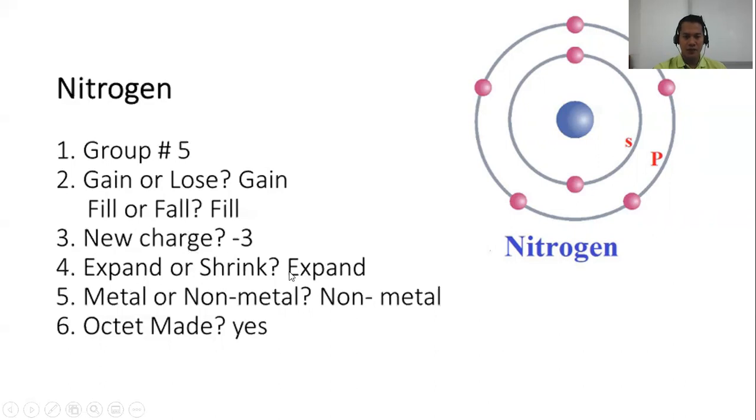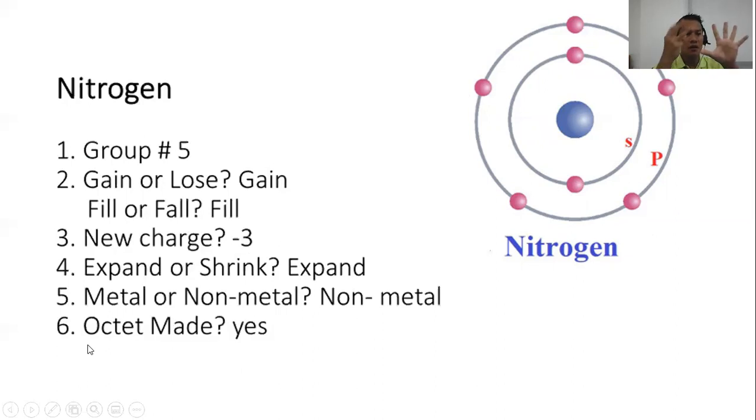Will this expand or shrink? Since this element will gain, it will expand. Is this non-metal or metal? Of course, if you check the periodic table, this is non-metal. And when this element gains electrons in the outer shell, then octet is made.